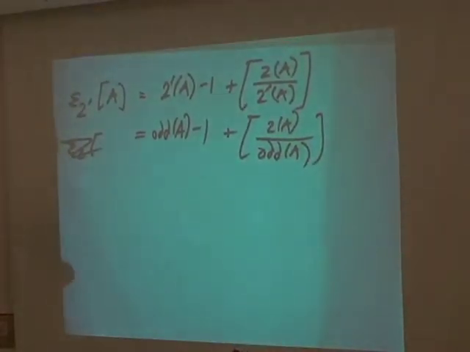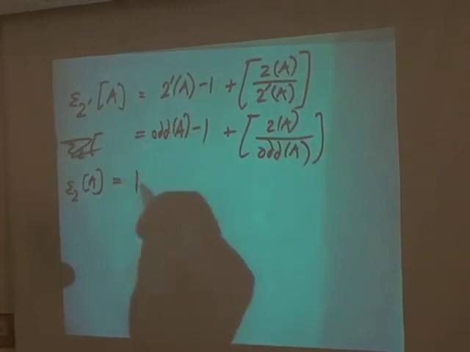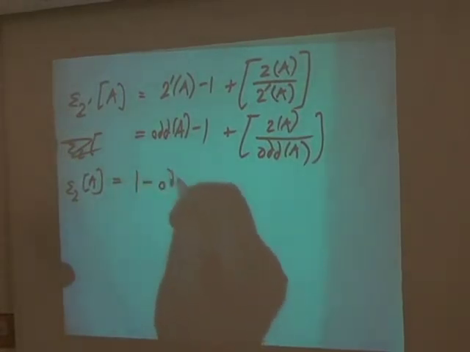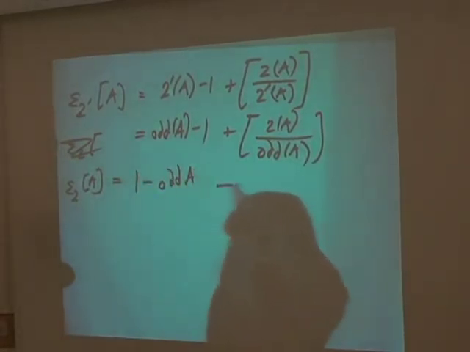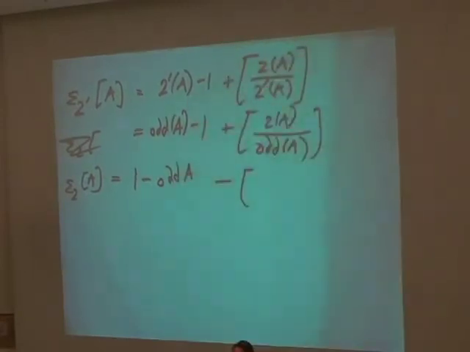Okay. So epsilon 2 of A is 1 minus the odd part of A, minus, it doesn't matter whether this is minus or plus. These Jacobi symbols all take values 0 or 4, so they're their own negatives.